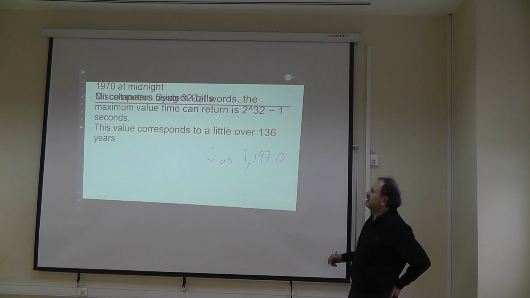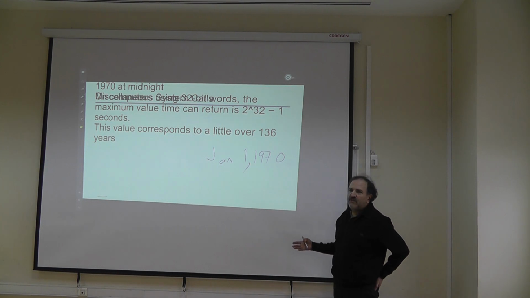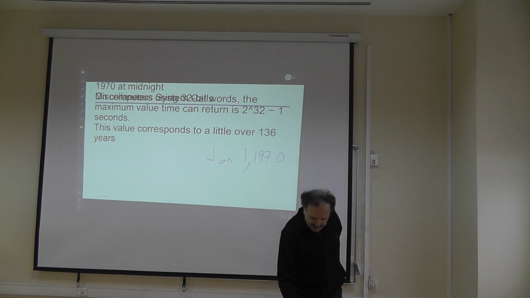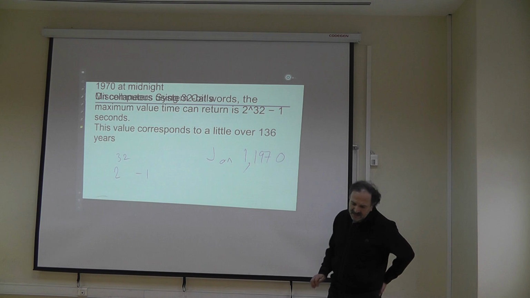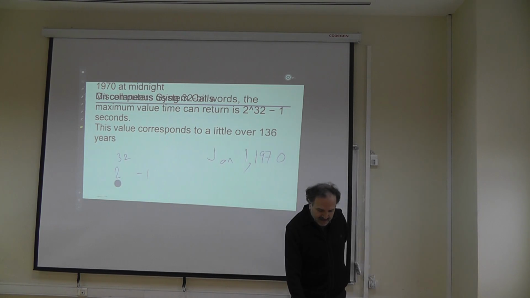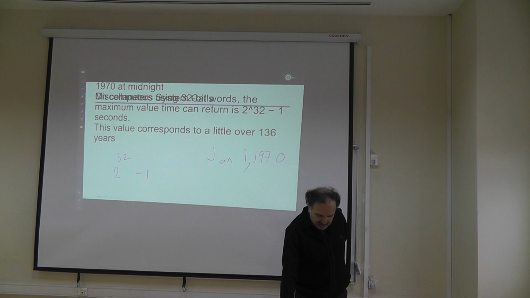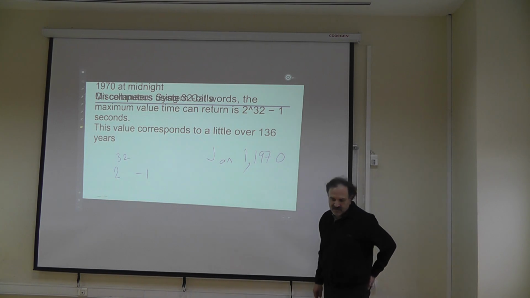How many seconds have passed? But it has to return some kind of an integer, right? For a 32-bit system, the maximum unsigned integer you can keep is this much, right? 2 to the power 32 minus 1. So this is the largest number of seconds that it can return. If you calculate the years for this many seconds, it makes 136 years.